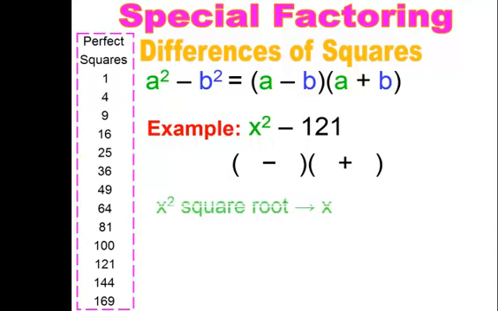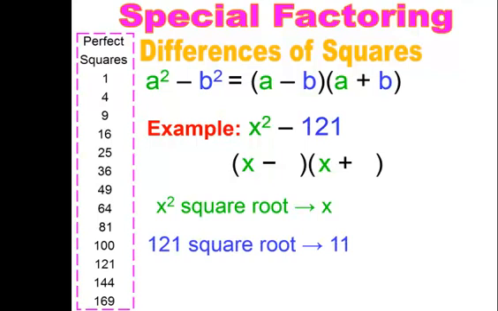To factor this, you're going to take the first term and square root it. The square root of x squared is x. Square root it, and that root goes into the binomial in the first position. And then I take the second term and get the square root of it. The square root of 121 is 11.